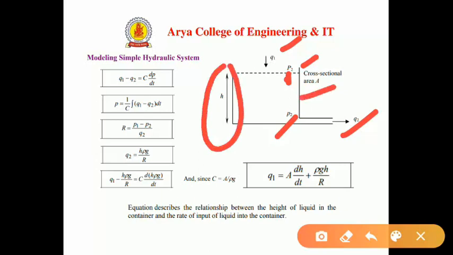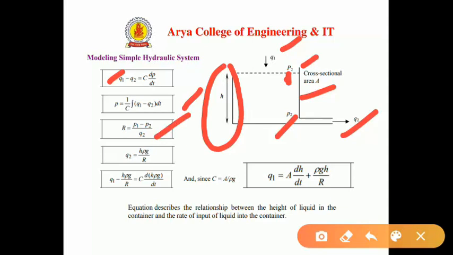and cross sectional area A. So the first thing is hydraulic capacitance, which can be written as Q1 minus Q2 equals C dP by dt. We have already discussed this in the previous slide. Then P equals 1 upon C integration of Q1 minus Q2 dt. Now another thing is hydraulic resistance. Hydraulic resistance can be written as P1 minus P2 upon Q2.